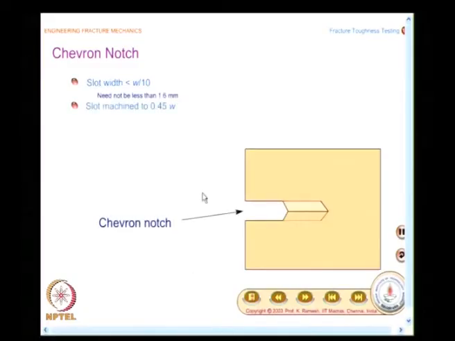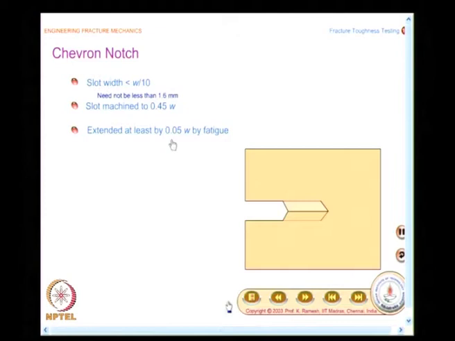You know, in the last class what I had told you was, we have a diagram of chevron notch. There are certain restrictions the code gives, what should be the slot width, what should be the length of the slot, and what should be the extension of fatigue crack. For all this you have recommendations given, and usually chevron notch specimen is shown like this.